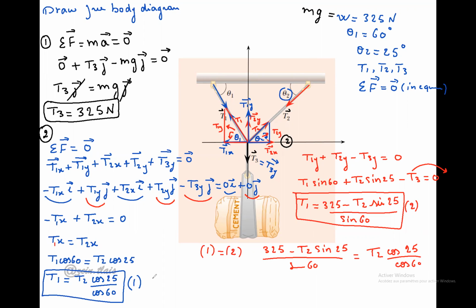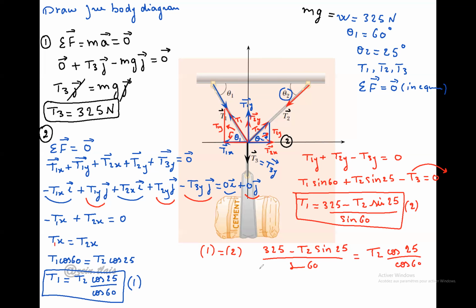Listen, if you want, you can keep one equation with T1 and T2, and the second also T1 in function of T2, and by using your calculator you can calculate the value of T1 and T2 directly. Okay, you can do it.